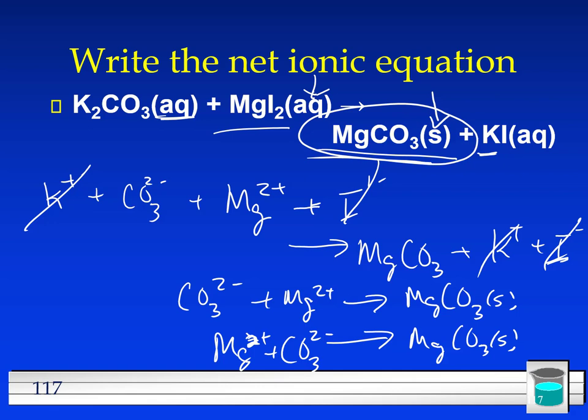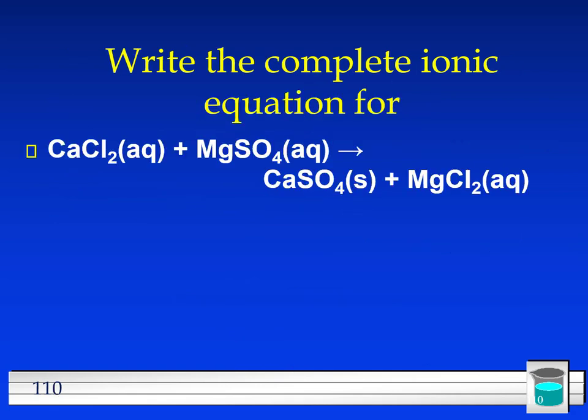So if you saw something like this, would you have to go through the whole process to figure out what the net ionic equation was? What changed here? I went from all aqueous to a solid and aqueous. So what changed was CaSO4 solid.